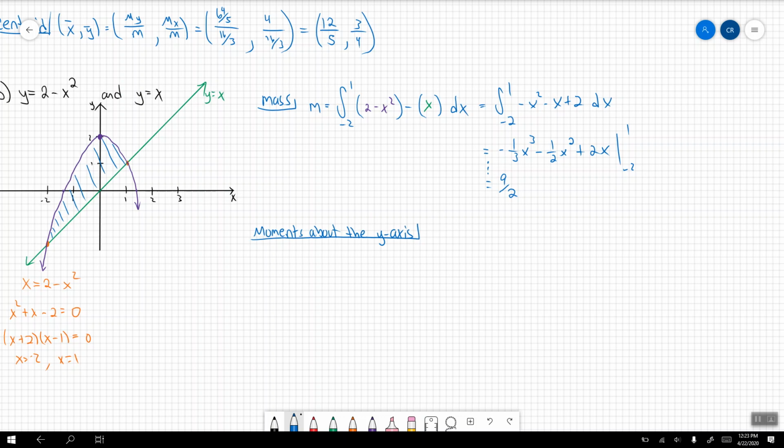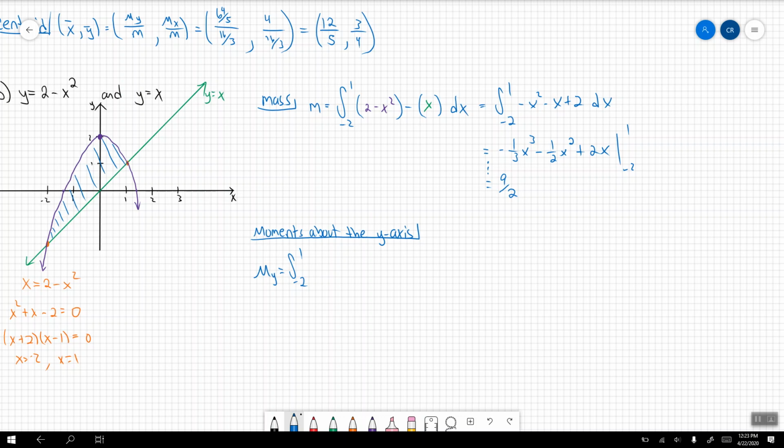Again, what we're looking at here for my moments about the y-axis is going to be the integral from -2 to 1. All right, it's looking good so far. Now, since I have this moment about the y-axis, what I'm going to do is start looking at all of my values right in here.